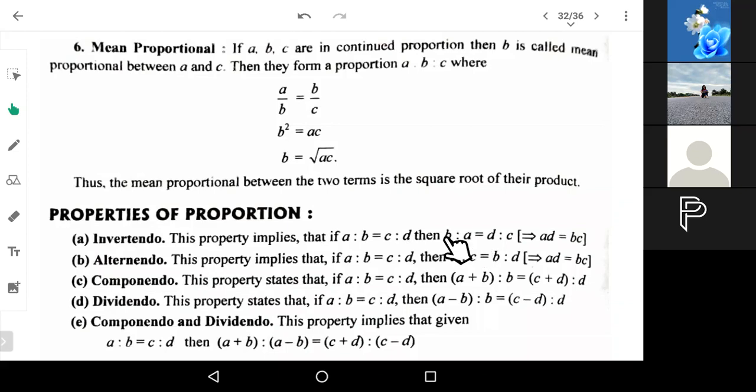So B is to A is equal to D is to C is also equal. So if A is to B is equal to C is to D, then changing the places, B is to A is equal to D is to C is also applicable. Did you understand invertendo property?